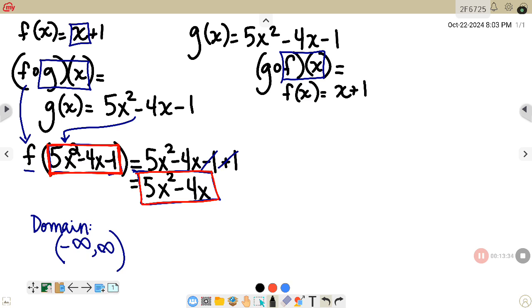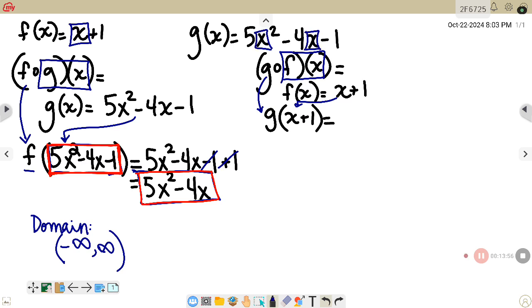That's as far as I can take that step. So now I will bring down the g, and I am finding g of that last answer, which is x plus 1. So now I am going to the g function, and I am going to replace the x's with the x plus 1's.